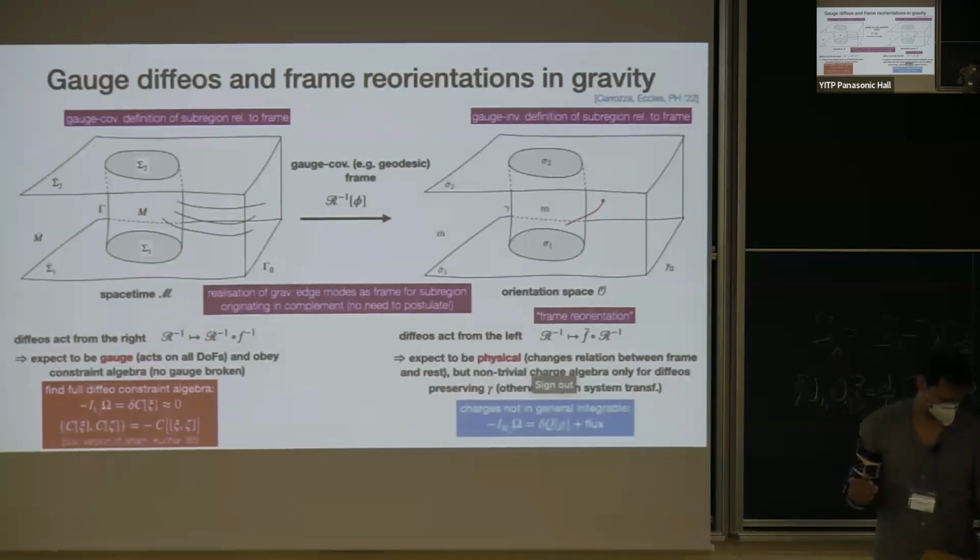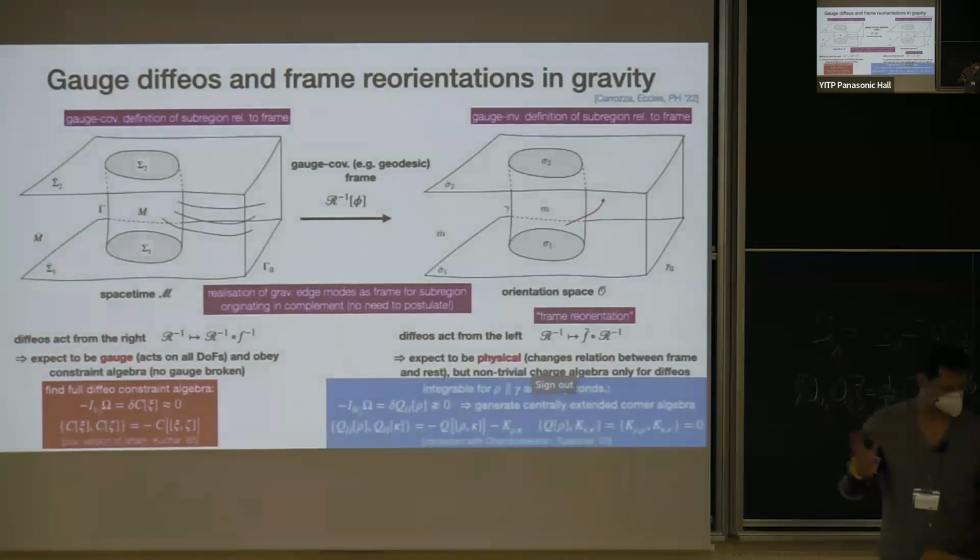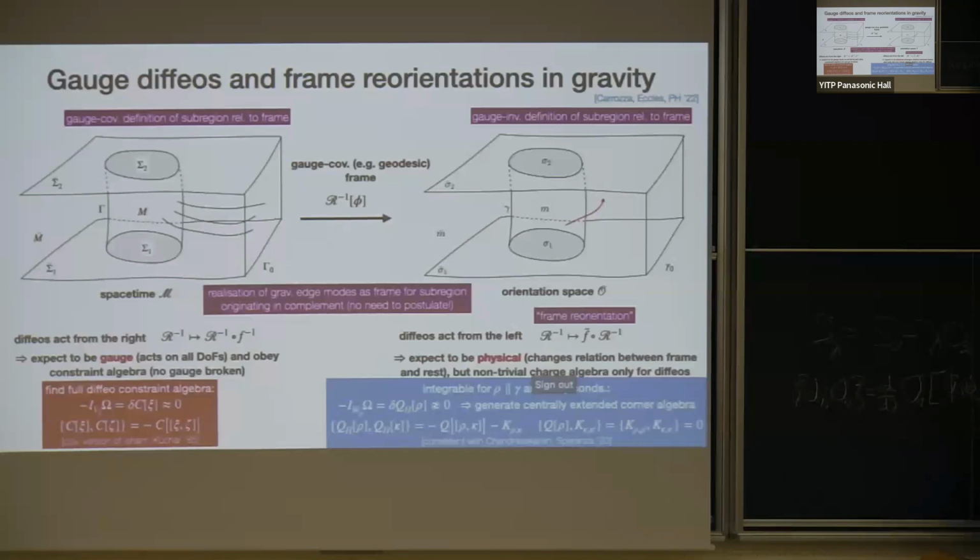Again, it's a bit more subtle, but in the gravitational case we have the additional complication that in gauge theory, the geometry of the region is given before you define the frame. But in order to define the subregion in a gauge invariant way in gravity, we have to even say what the frame is. So basically we have the space-time M itself and the orientation space, and we can look at the subregion in both.